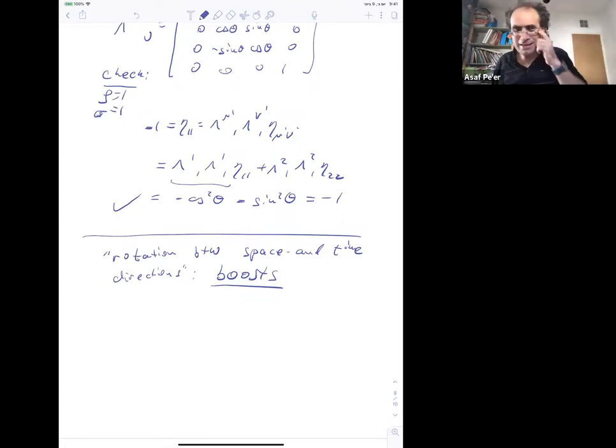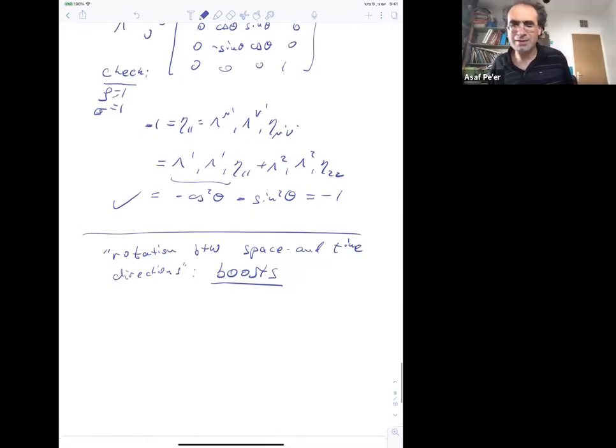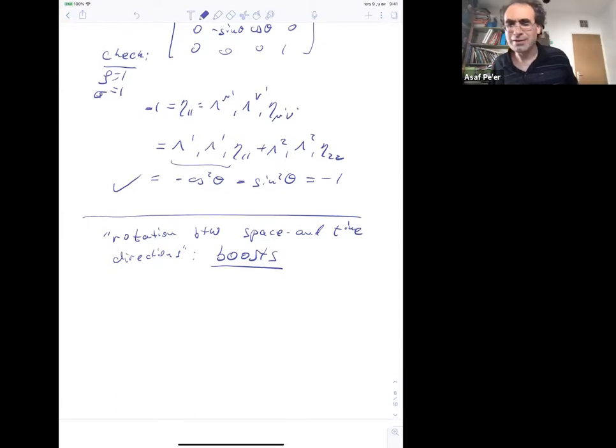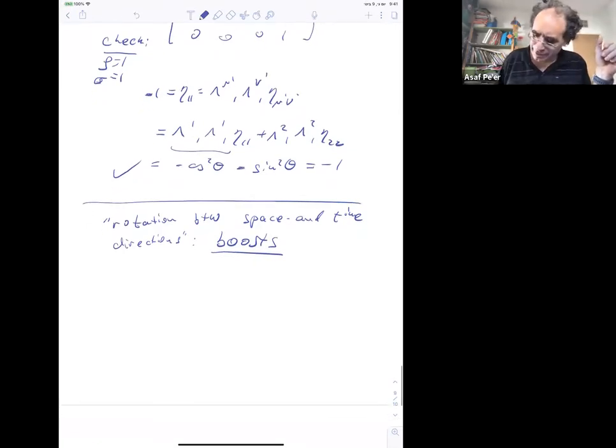Of course, there is a slight difference because the time goes with the opposite sign for the space. So we cannot just put a cosine and sine. Instead, we're doing two things. We're replacing the cosine and sine with the hyperbolic cosine and hyperbolic sine, and we add an extra minus. So the boost matrix in the tx direction looks like that.